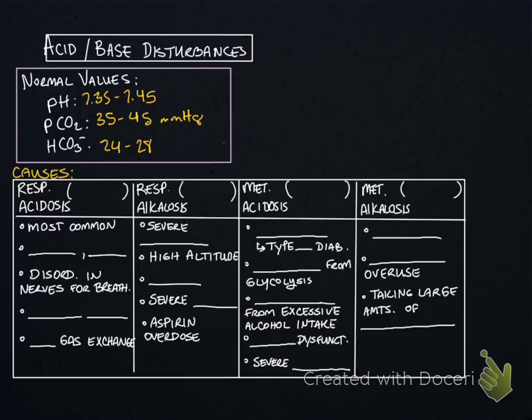Okay. So we have 4 main categories here. Respiratory acidosis or respiratory alkalosis, metabolic acidosis, or metabolic alkalosis. Okay? If it is a respiratory acidosis, you're going to see a higher than normal CO2. Okay? If it is a respiratory alkalosis, you're going to see a lower than normal CO2.